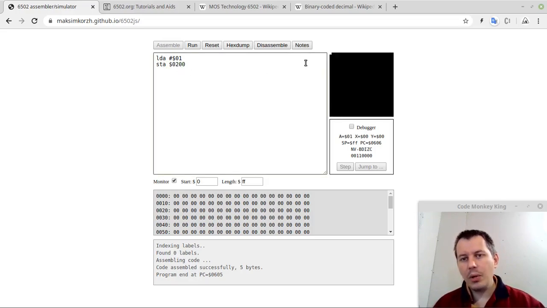But how can we do it? Let's say we want to make the pixel kind of scroll down, right? In that case, we could have been adding the value of X in a loop, for instance. So let's say LDX and 01, assemble and run.